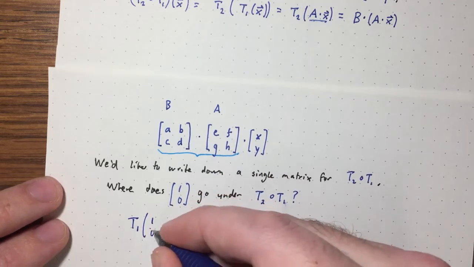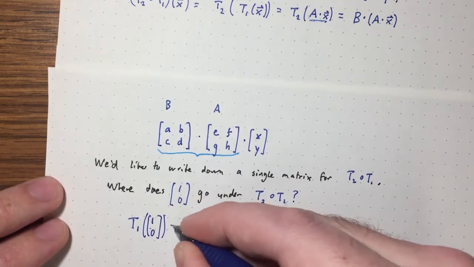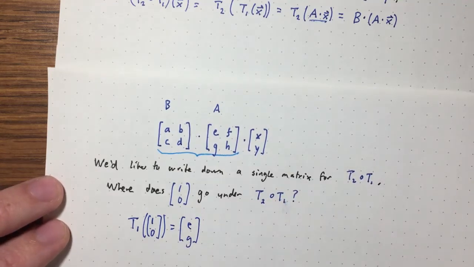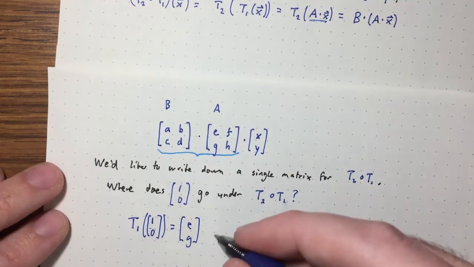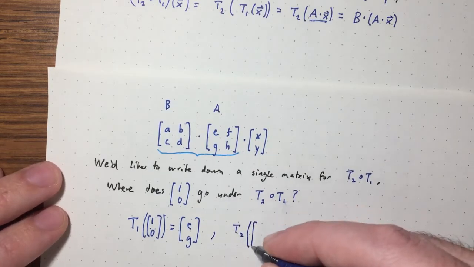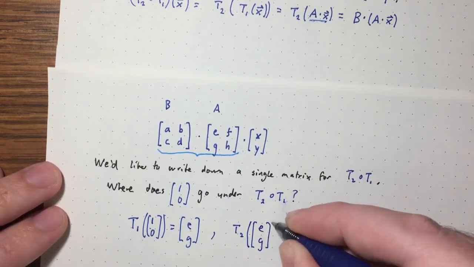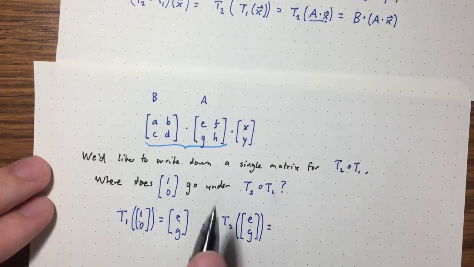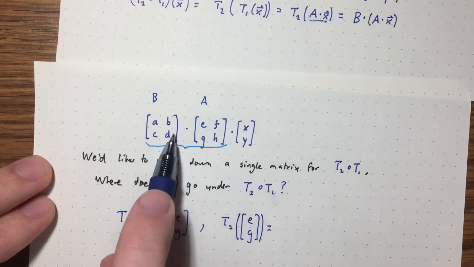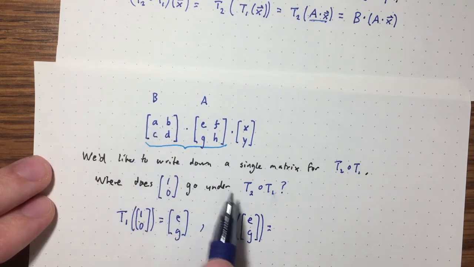So T1 of 1, 0 is going to be EG. Well, then what is T2 of EG going to be? Well, that's going to involve a little more calculation, right? So it's going to be this matrix here times EG.